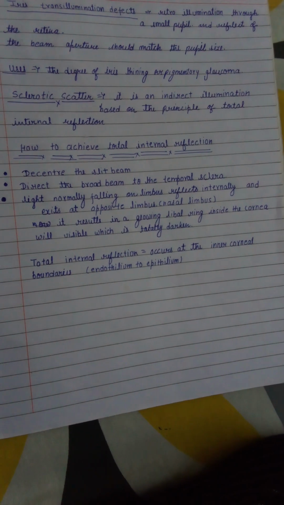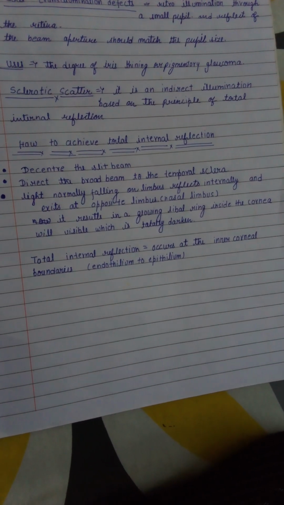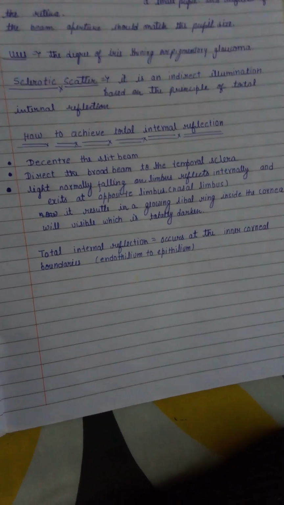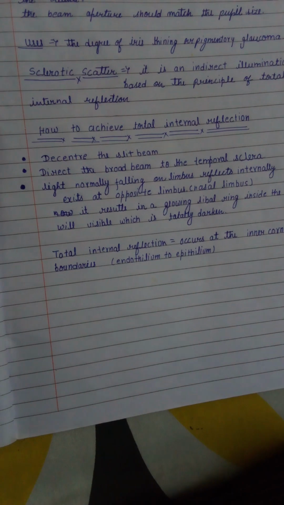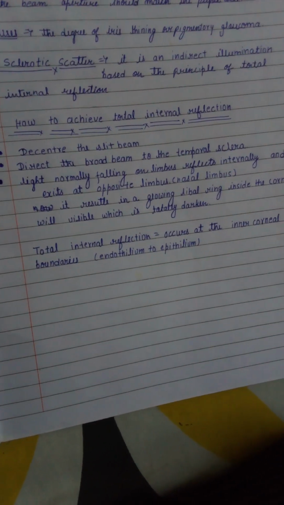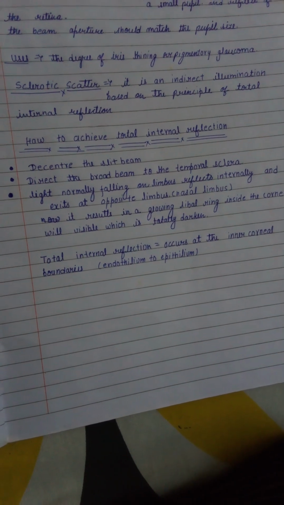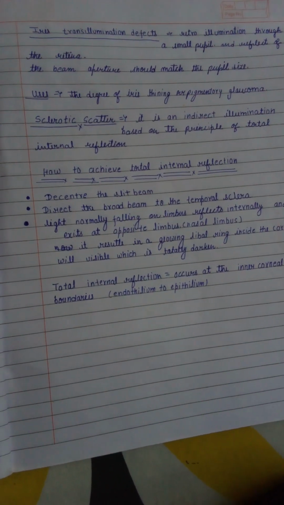The total internal reflection occurs at the inner corneal boundaries, from endothelium to epithelium. So we can use the sclerotic scatter beam for the observation of different corneal abnormalities.